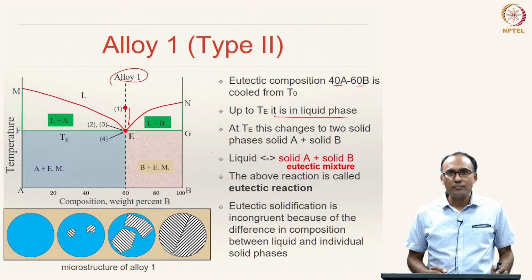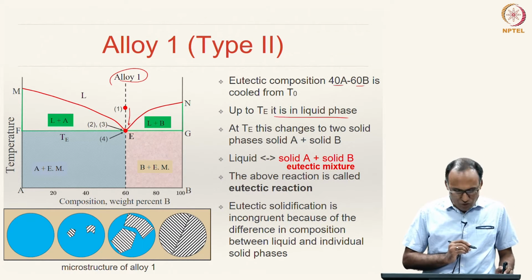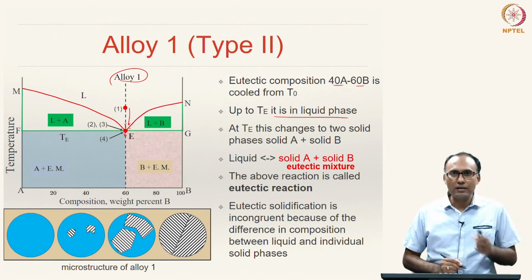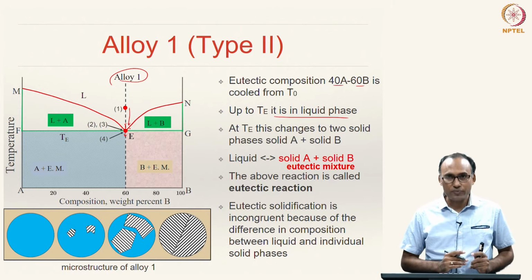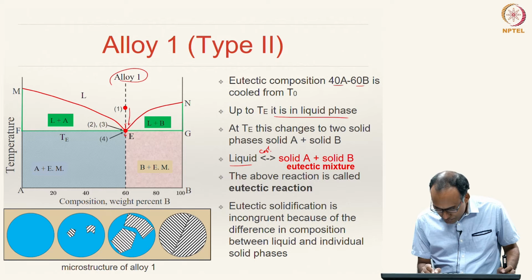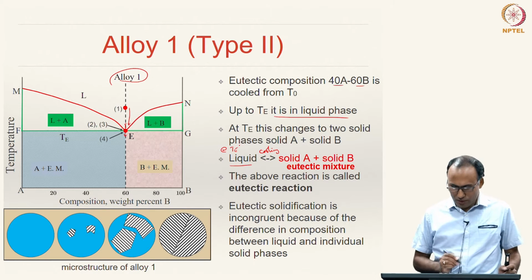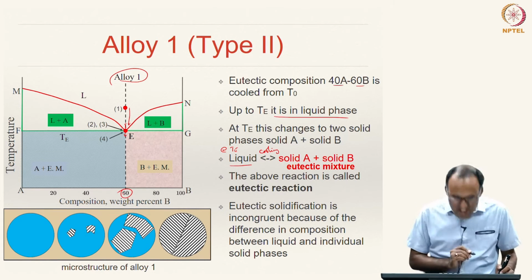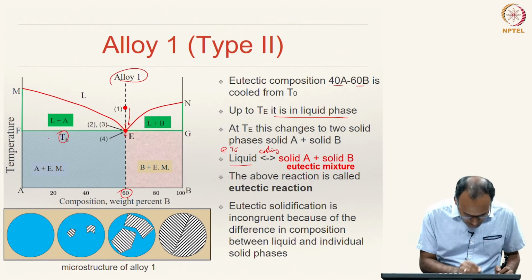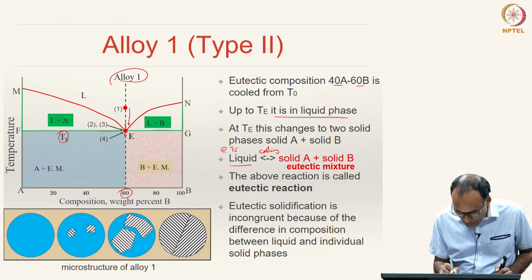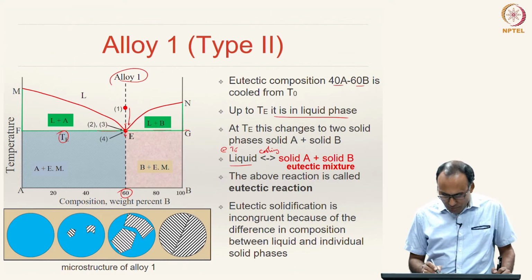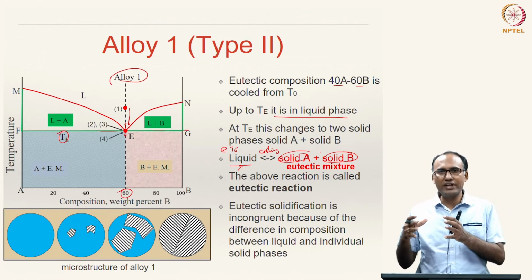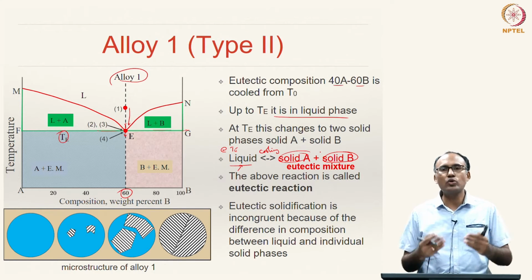There is a reaction taking place, that is all the liquid transforms to solid A and solid B, because above this it is liquid solution, below that it is transforming to 2 solids, solid A and solid B. So, if you have a liquid solution whose composition is 60B, and it is brought down to temperature TE, that is this line we call the eutectic line, at that point the transformation happens from liquid state to 2 solids, solid A and solid B, and this mixture of solid A and solid B is called the eutectic mixture, because it is formed through a eutectic reaction.